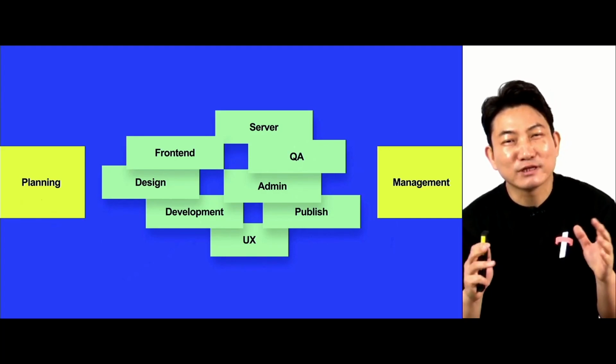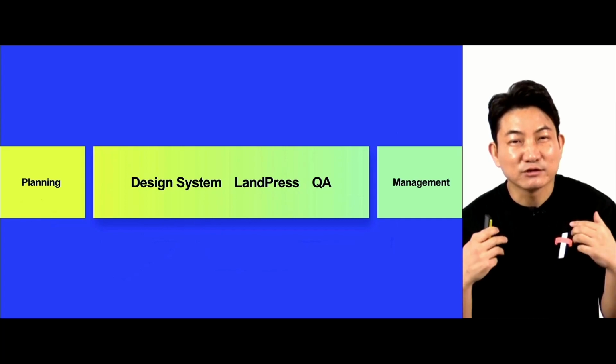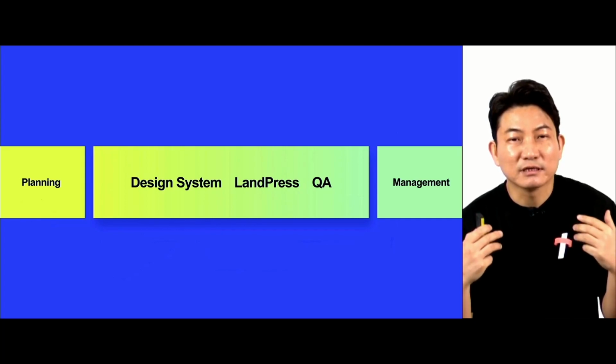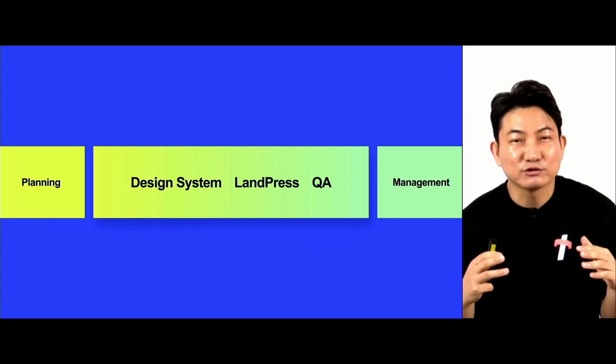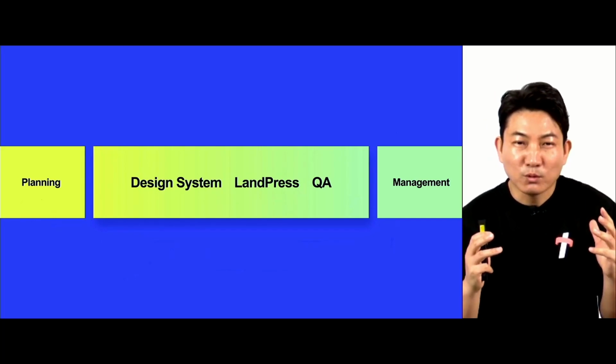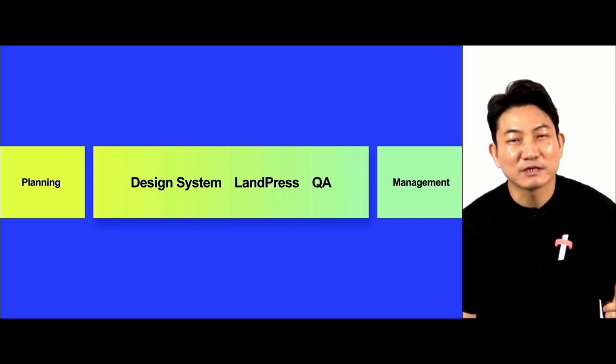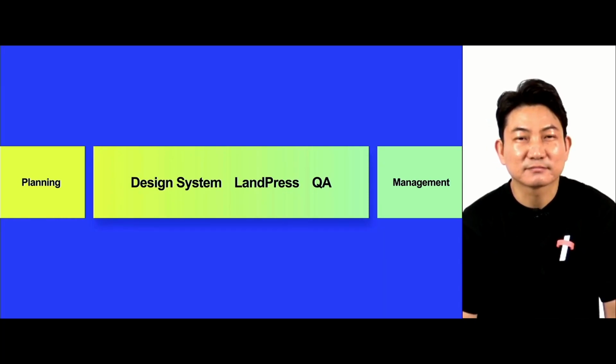Usually, in order to create a website, a lot of people gather and go through multiple steps to create the end product. And it's a complex work process. Together with the LINE UI system and LandPress, you can simplify the whole process. And you can have a unified design language, and the time and money to create the website are optimized.